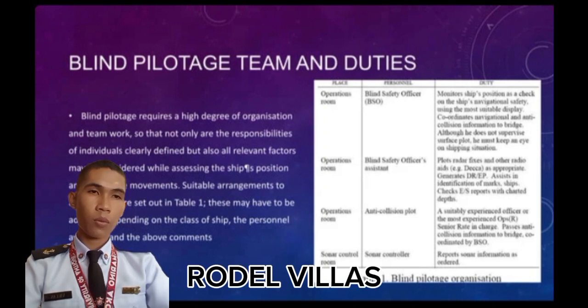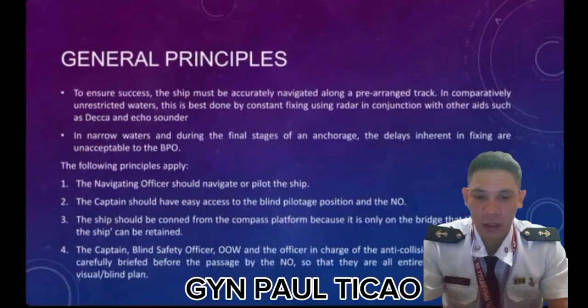Suitable arrangements to achieve this are set out in Table 1. This may have to be adjusted depending on the class of ship, the personnel available, and the above comments.